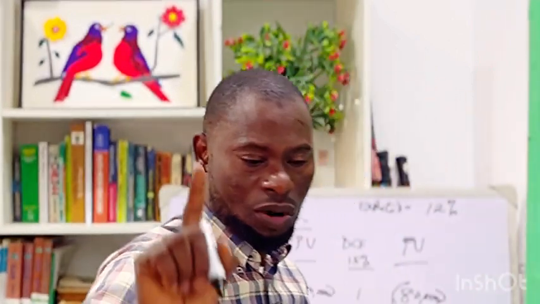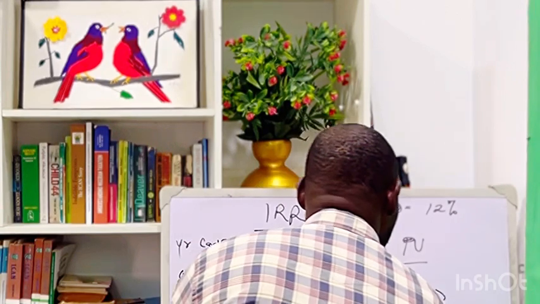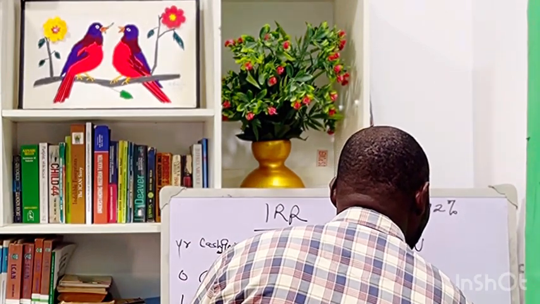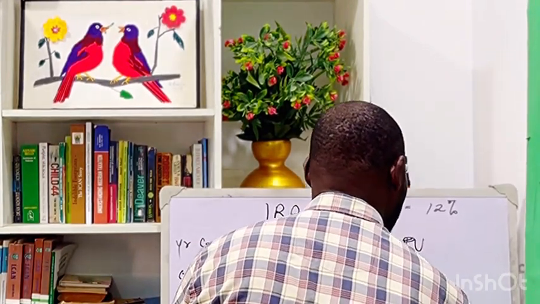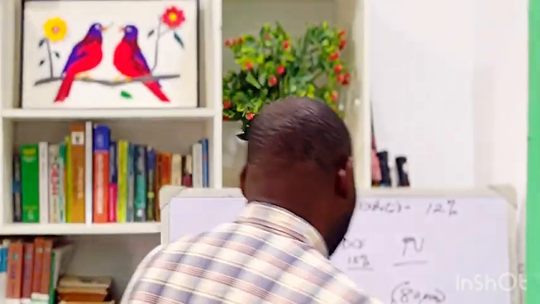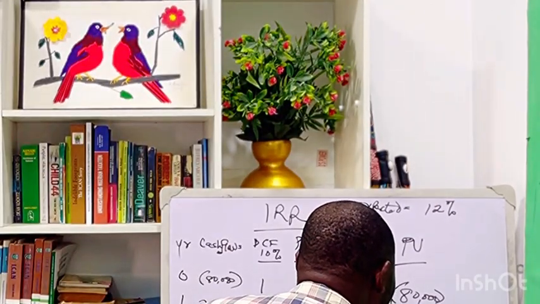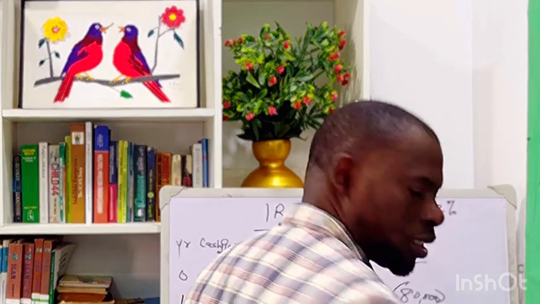Remember, we are using a question that has been solved for us. And the essence of this question is to illustrate and understand the IRR. So we have 17,400. Next, we have 27,216.